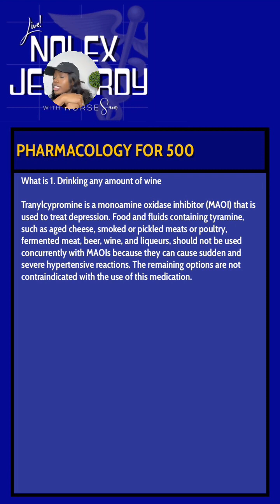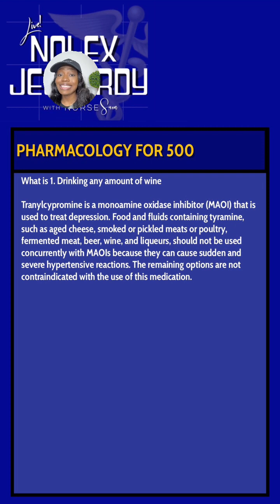When it comes to pharmacology and MAOIs, if you see pharmacology and MAOI and it's telling you what not to do, this is the top must-know thing about this type of antidepressant.